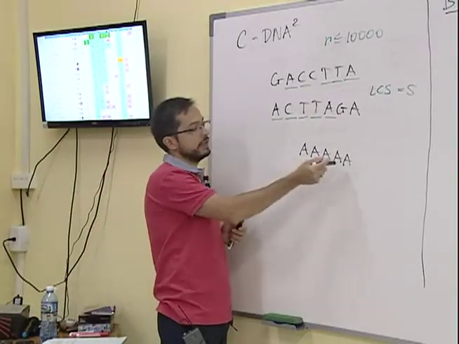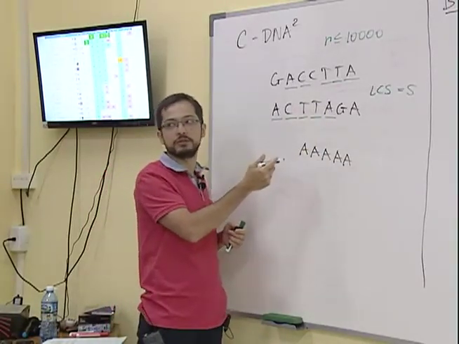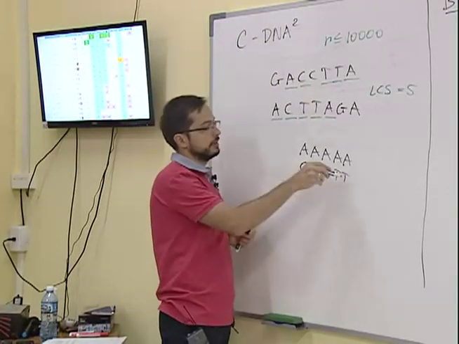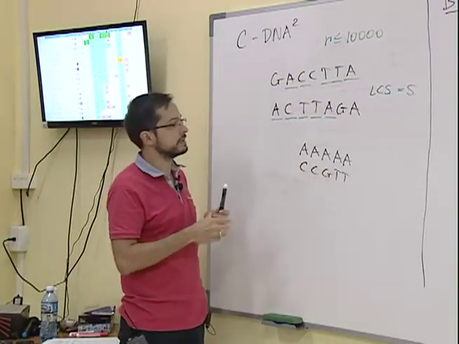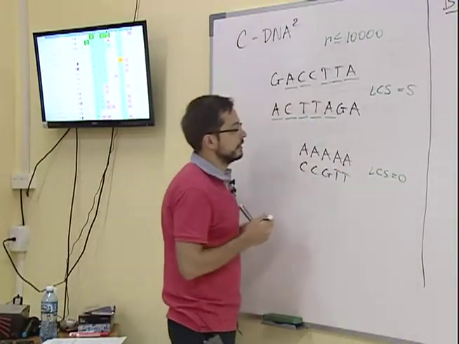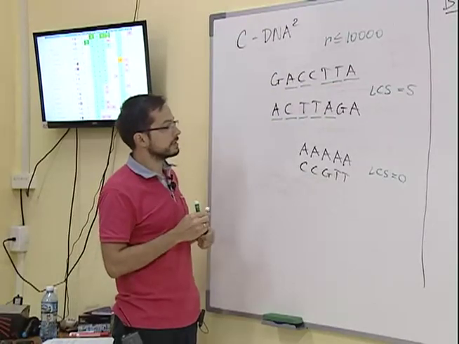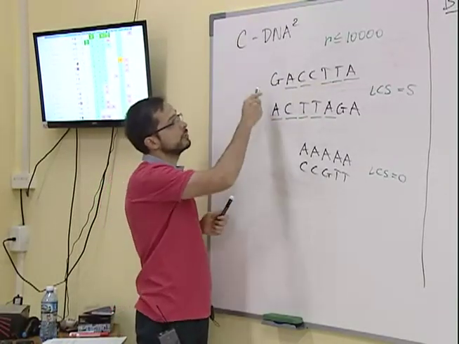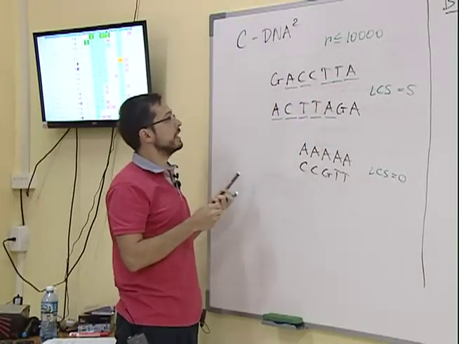Basically, I can take any word which does not contain A, and this will produce a word with LCS equal to 0.